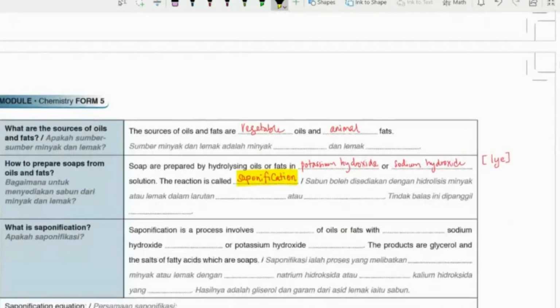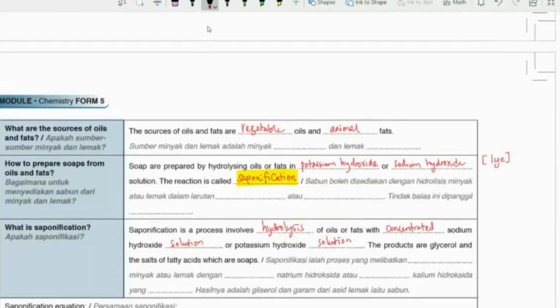Now, what is saponification? It is the process to produce a soap, sabun. Saponification is a process involving the hydrolysis of oils and fats with concentrated sodium hydroxide solution or potassium hydroxide solution.